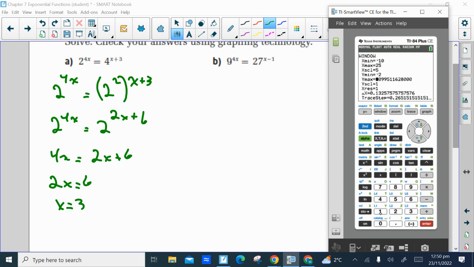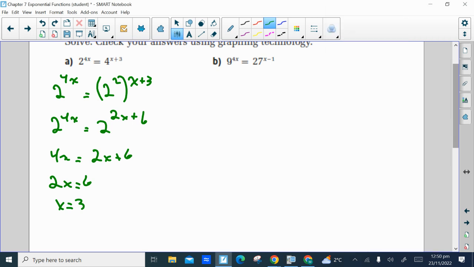I could let it, say, be 100, and a scale of 5. And maybe I should have let my y max be a little bit larger, because we can't see the point of intersection of x equals 3, but we already checked it, so we know it's correct.